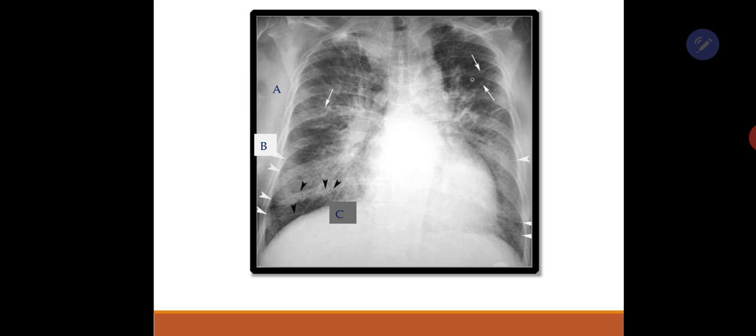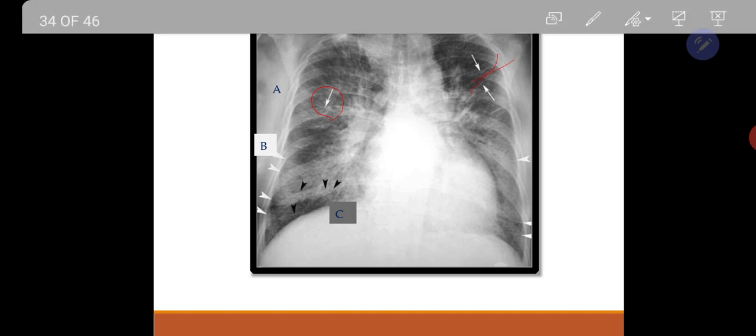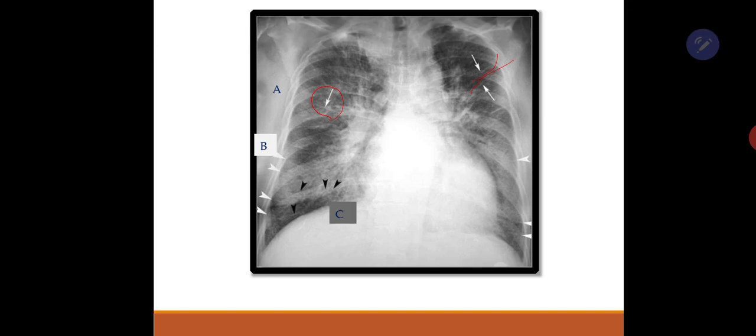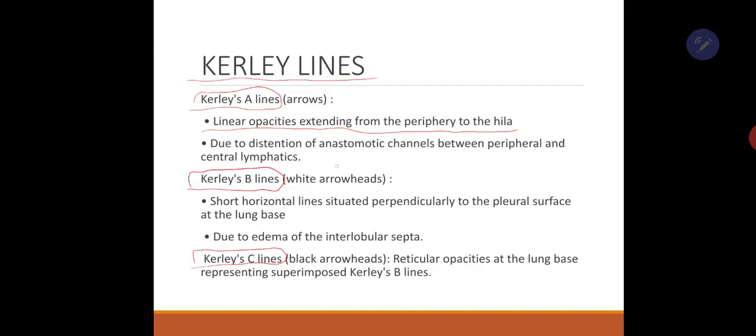If you can appreciate in this image, on both sides it is shown by white arrows. These are the Kerley lines, and you can see even on this image, these are the Kerley A lines, due to distension of anastomotic channels between peripheral and central lymphatics. You have to read about the pathology.